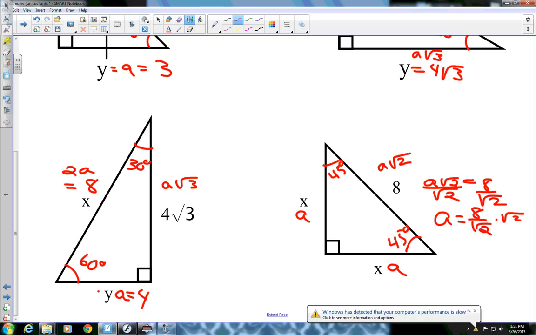Take it times root 2 over root 2. So I get 8 root 2 over 2, or 4 root 2. So both of these two sides are 4 root 2. Okay, that's a good part of your assignment today, figuring out some of those.